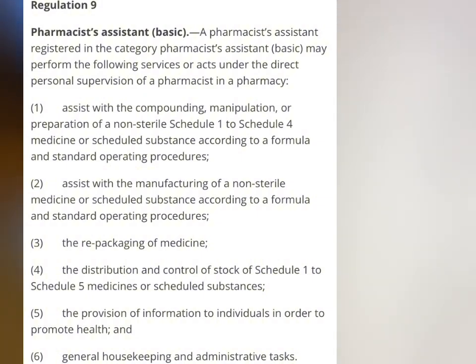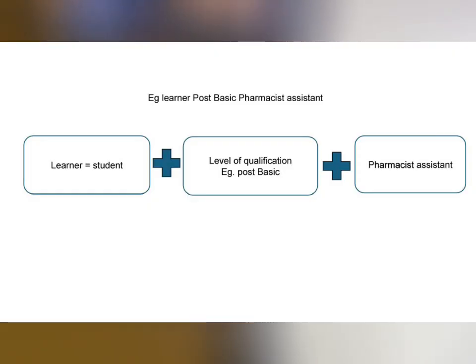Okay, so we've discussed the scope of practice of a basic assistant. Now the learner basic assistant. Learner basic assistants are allowed to practice under the scope of practice of a basic assistant for the purpose of education and training under the direct supervision of a pharmacist. So it's basically the same thing. Now I want you to notice how the names of assistants indicate their qualification level.